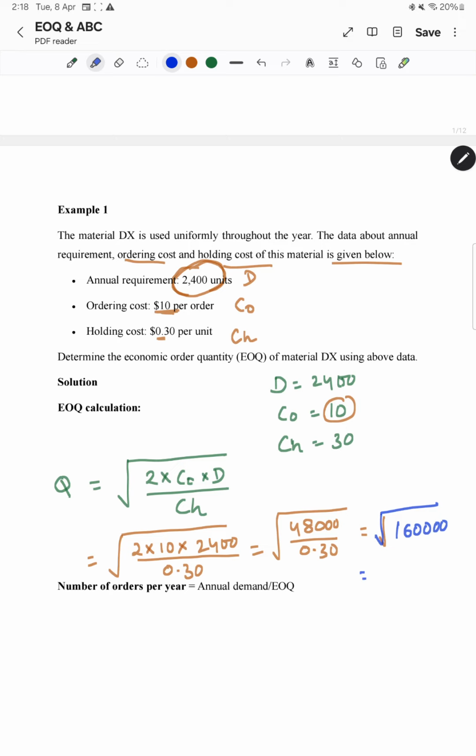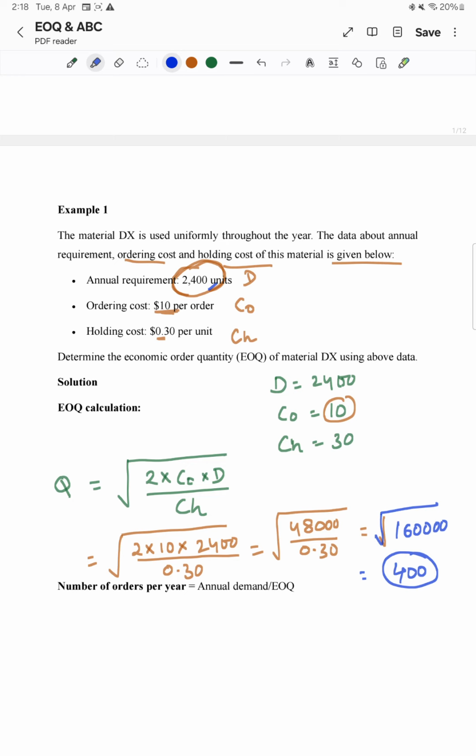If we apply square root for 1,60,000, we get 400. So the economic order quantity is 400. This means that the manufacturing industry mentioned in this question should order 400 units of raw material per order.